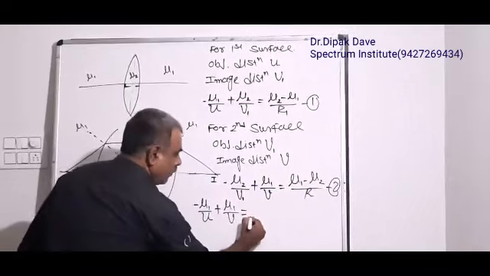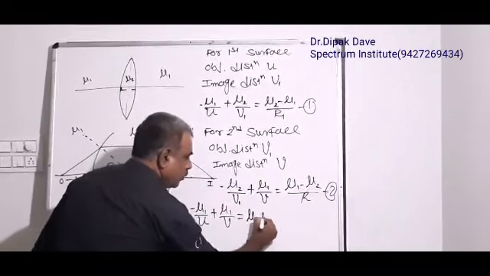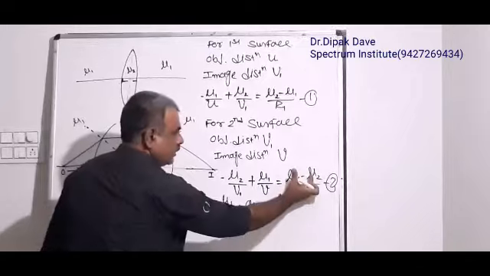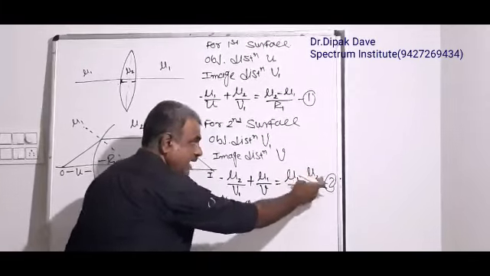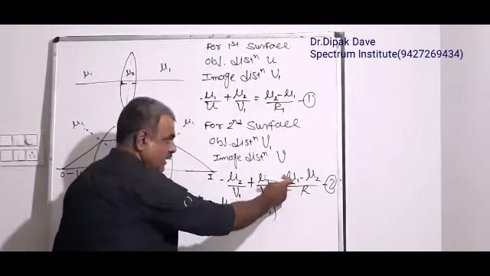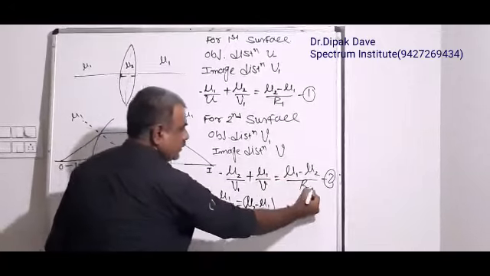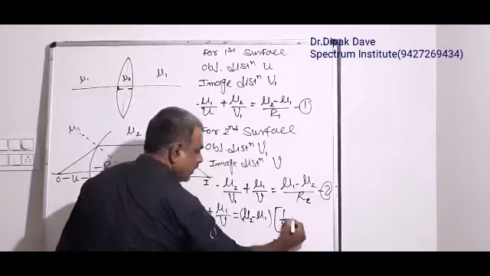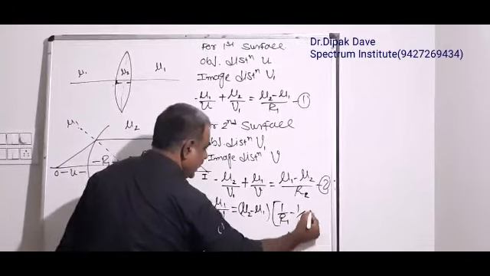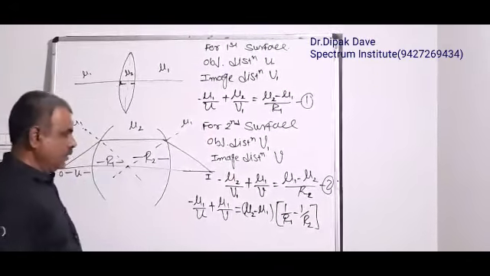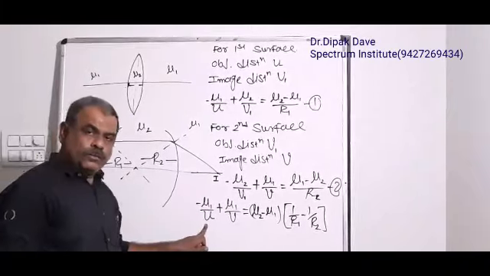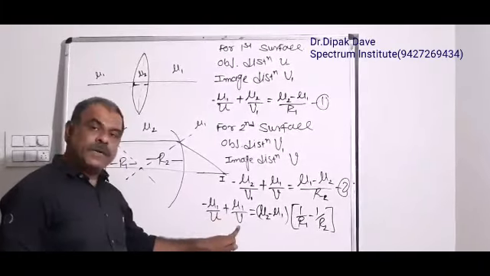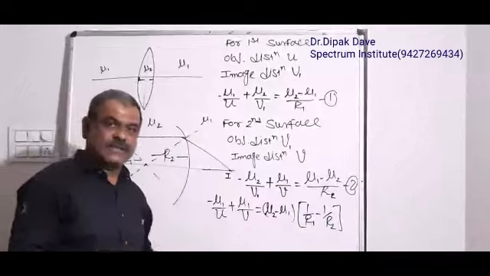So I am taking mu2 minus mu1 common. I have changed mu1 minus mu2 to mu2 minus mu1 by taking the minus sign. So what will be inside the bracket? 1 by r1 minus 1 by r2. u is the object distance, v the final image distance.